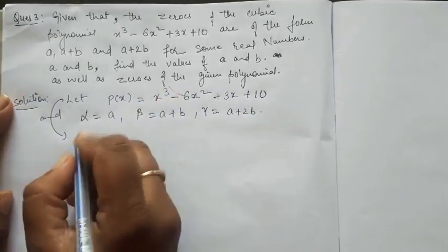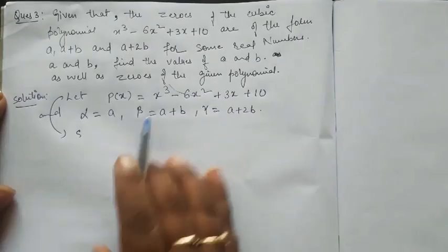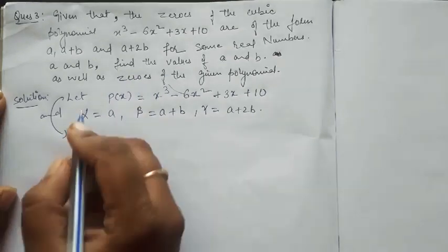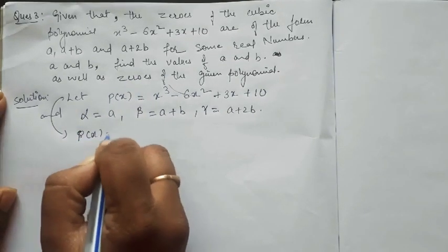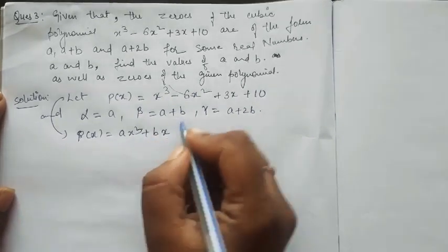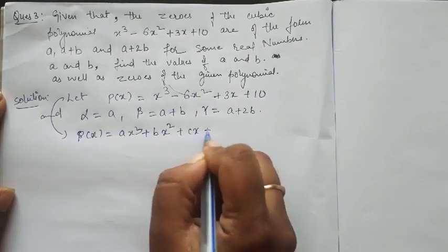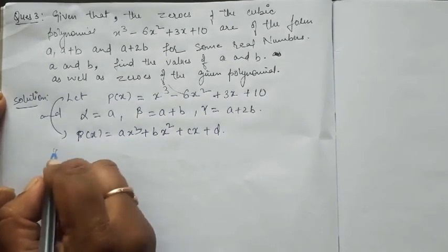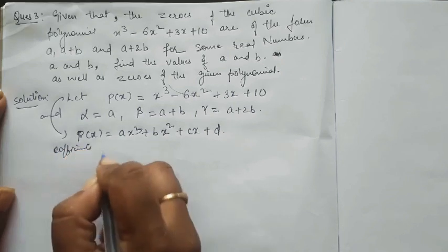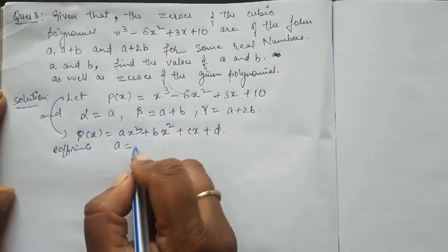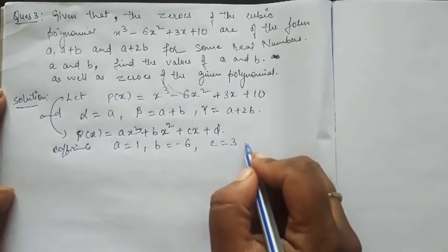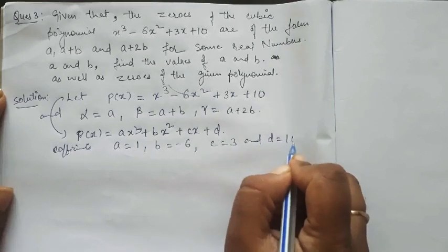Now we can compare this polynomial with its standard form, that is p(x) is equal to ax cube plus bx square plus cx plus d. After comparing, the coefficients will be a is equal to 1, b is equal to minus 6, c is equal to 3 and d is equal to 10.